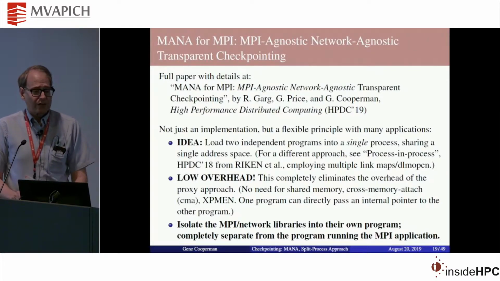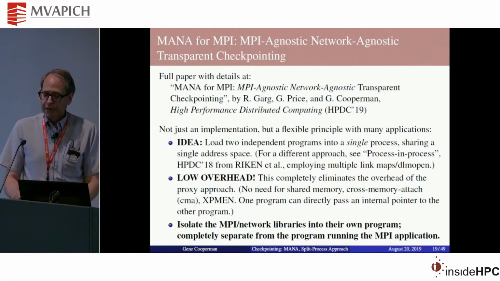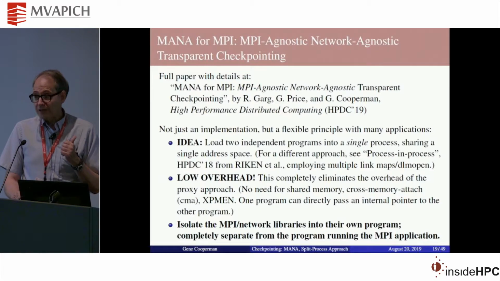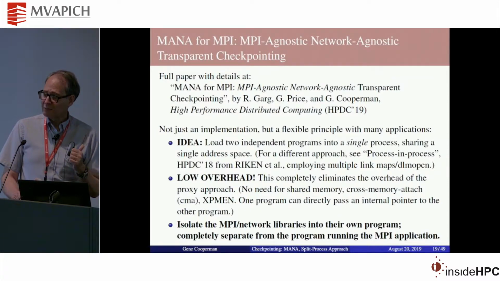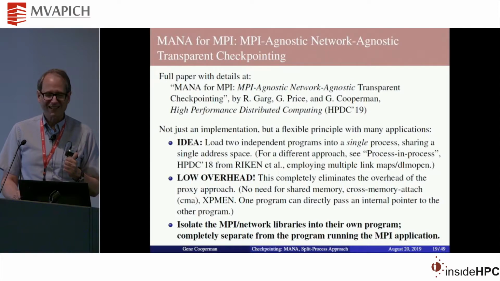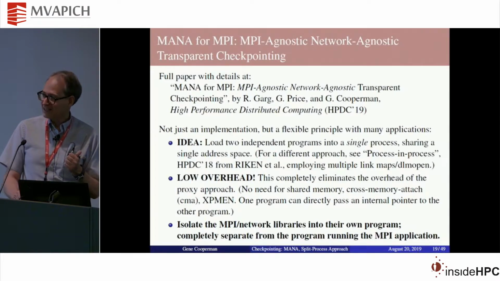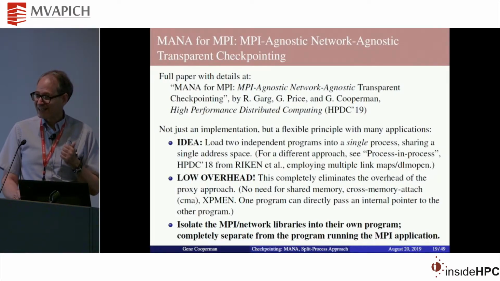But our thought was, let's see if we can put the, I'll continue to call it a proxy program for a while, but let's put the proxy program and the application program into a single address space as a single process with even a single thread of control. And that single thread of control will just switch back and forth between these two programs.